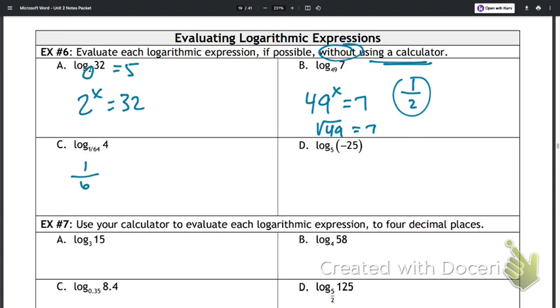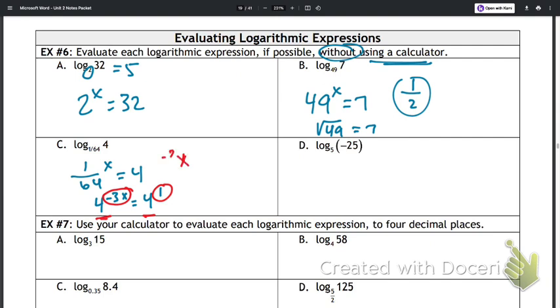What power do I raise 1 over 64 to get 4? Well, 1 over 64 is the same thing as 4 to the negative 3. And we've got that x attached there. And that equals 4 to the first power. Basically, I can set those equal to each other because these bases are the same.